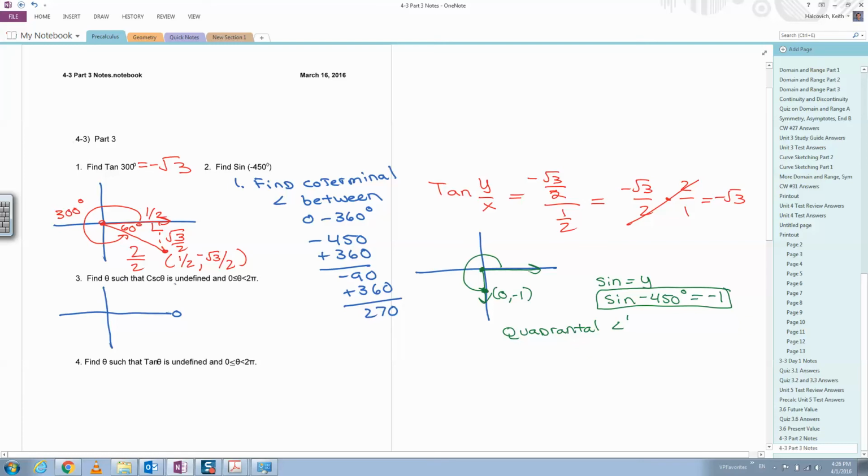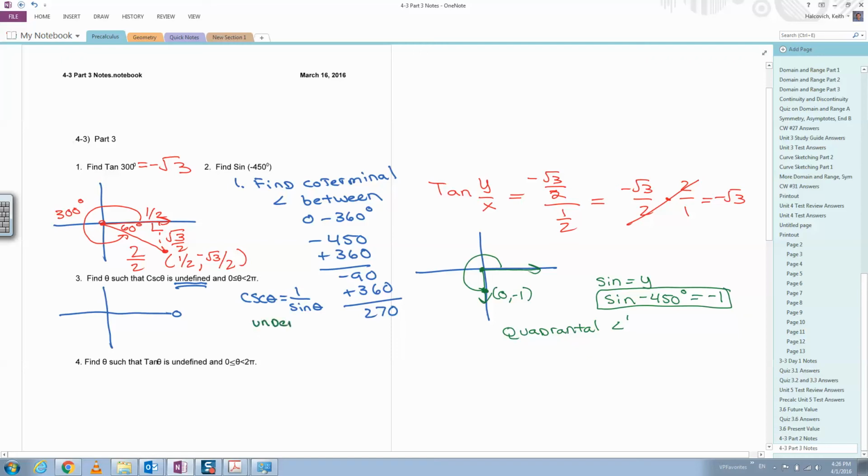Well, undefined only happens in a quadrantal angle. And remember, the cosecant is equal to the reciprocal of the sine. So the cosecant is only undefined where the sine is equal to 0.